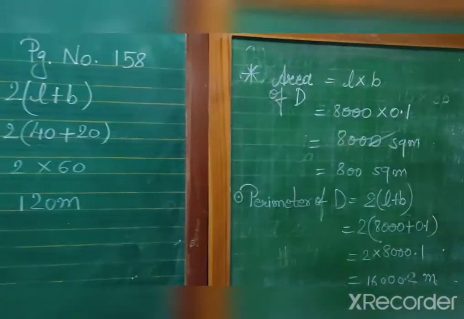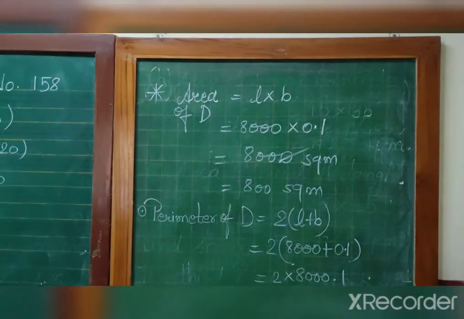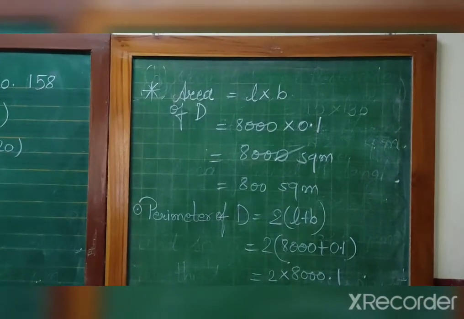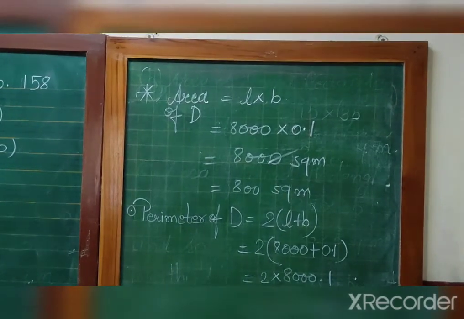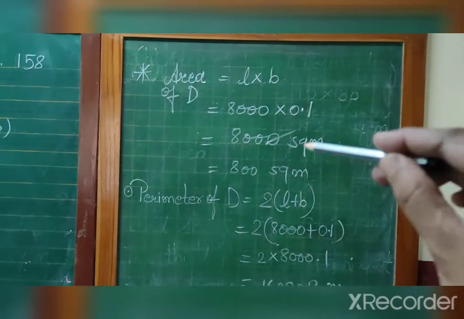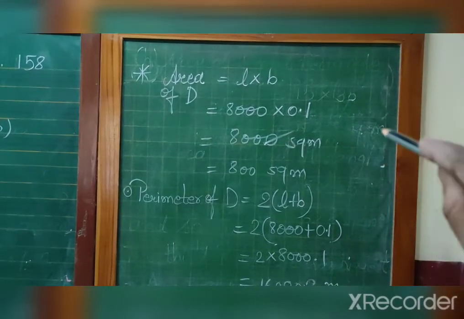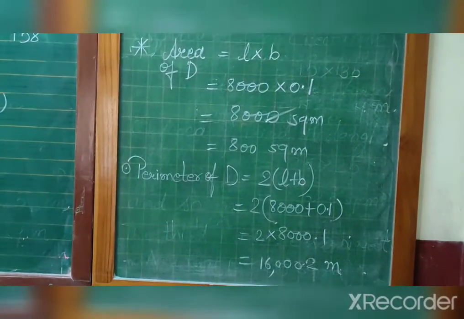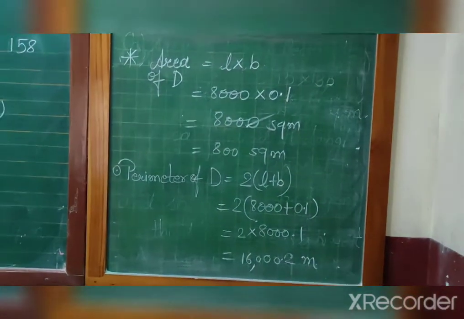Now for rectangle D I am calculating. So area of rectangle D equal to length into breadth, 8000 into 0.1. 8000 ones are 8000. Before one digit we will put a decimal point, and because of the decimal the zero will cancel. So 800 square meter area according to the king's demand.